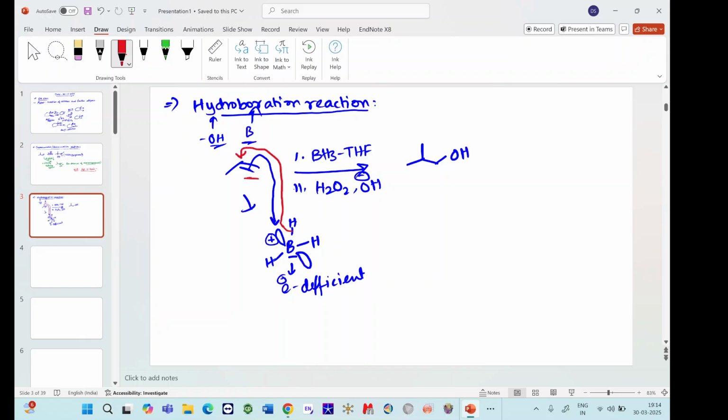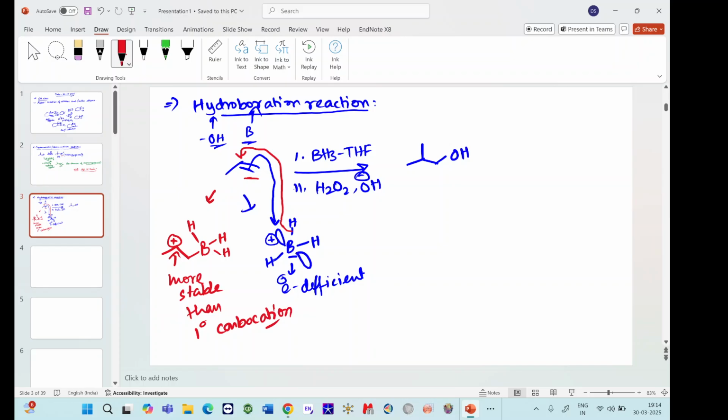Why will it go here? Why not the other way? Because if you see from the first step, this is H, this is H, this is another H. When boron is forming the bond, you will have a positive charge here. But a positive charge at the secondary position is more stable than a primary carbocation.